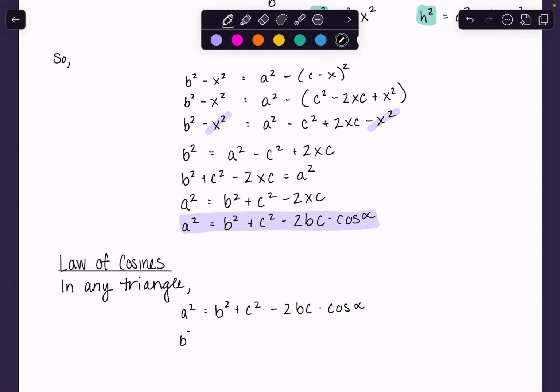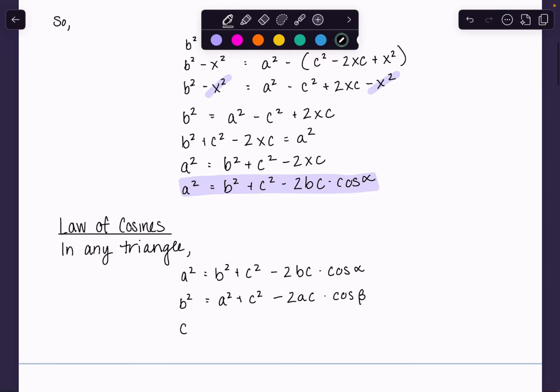So instead, if I put side b over here, my two other sides are a and c. So those go in those places. And then the angle associated with b would be beta. And then finally, if I have c squared, a and b are the other two sides. And then the angle associated with c would be gamma.